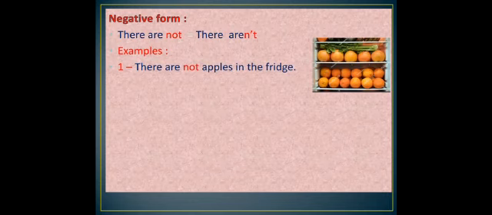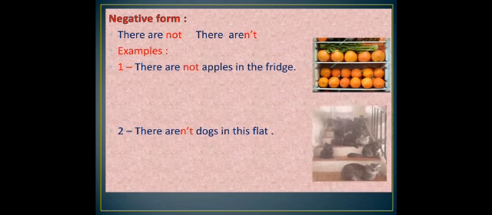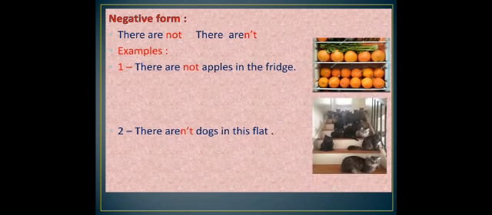You're not going to see apples in the fridge. Number 2, there aren't dogs in this flat. If you look here, you're going to see a lot of cats. There aren't dogs in this flat.